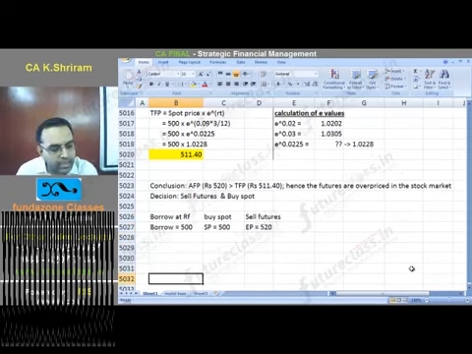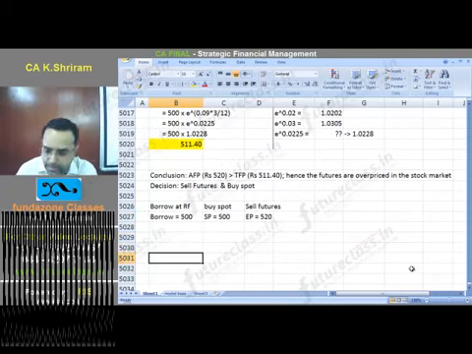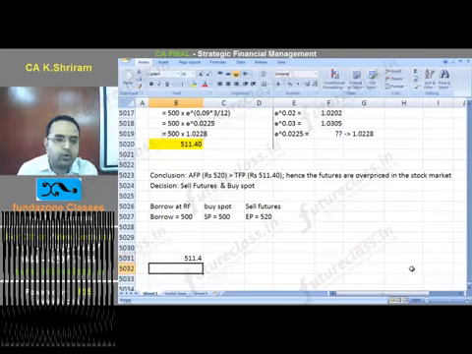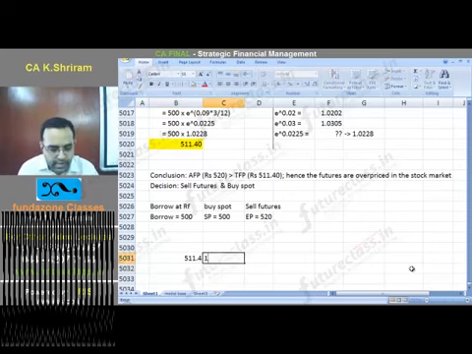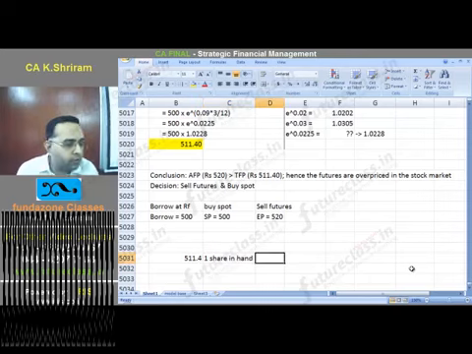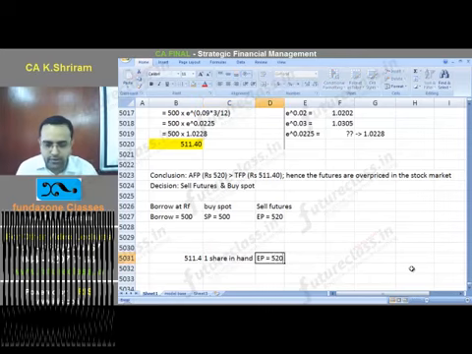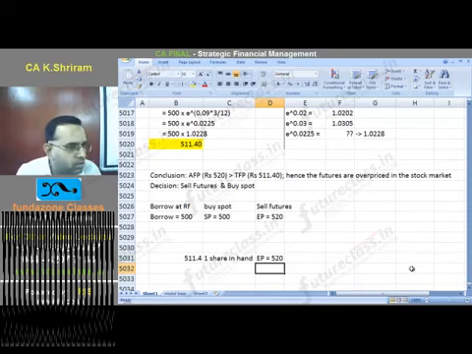The borrowing will grow at the rate of RF. This will become 511.4 at a continuous compounding rate. You will have one share in hand. On that day, the future sale price will be 520. You have to sell the future, correct?